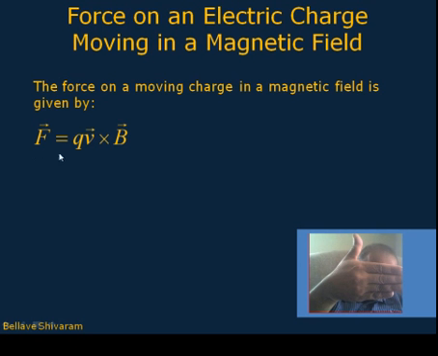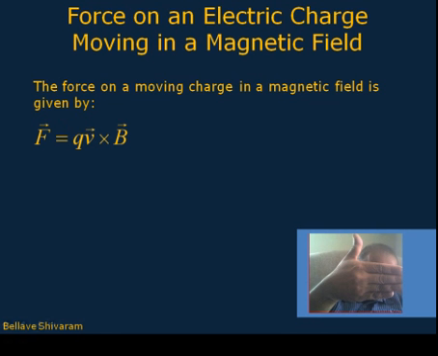It's a vector equation and it needs a bit of an explanation of how it works. So the force F on a charge which is moving with a velocity v in a magnetic field B is given by the vector cross product of v and B, and it's proportional to the charge.